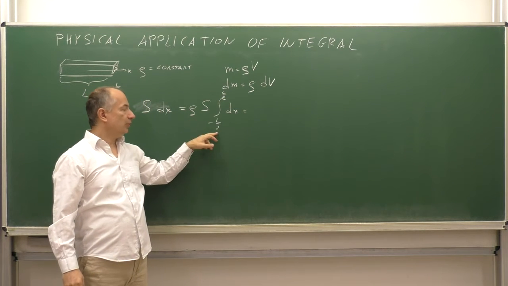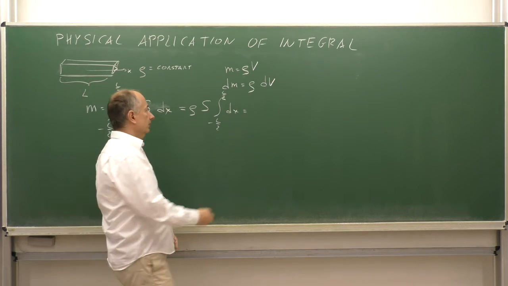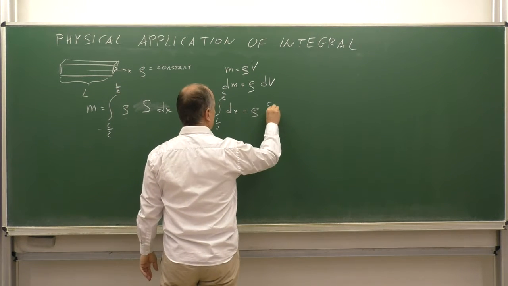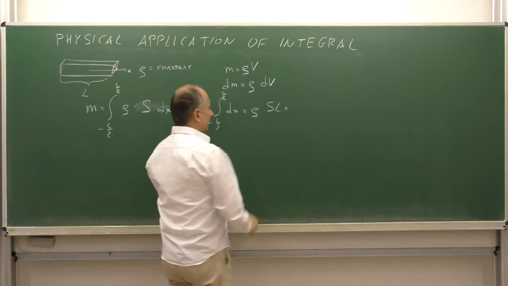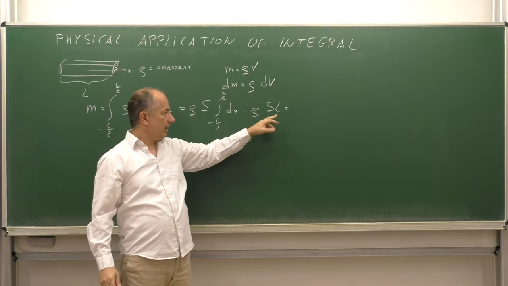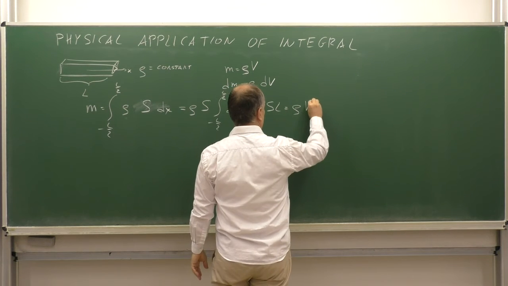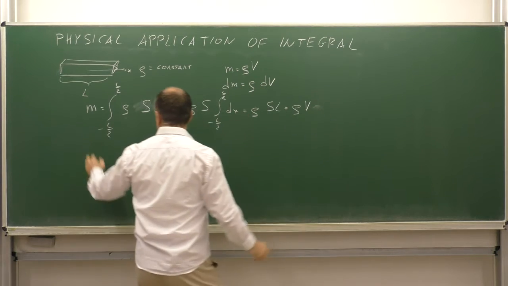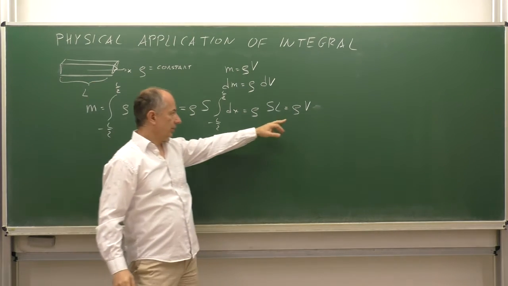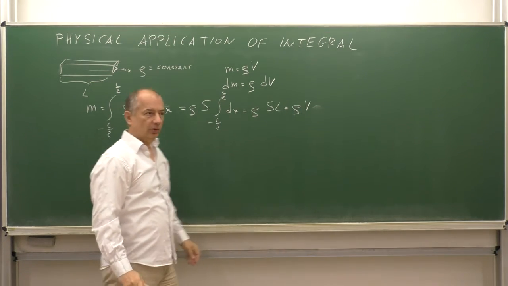L half minus minus L half is L. And we have rho S L, but the area of the side times the length is the volume. And so this is the total mass, the product of the density rho and the volume V.